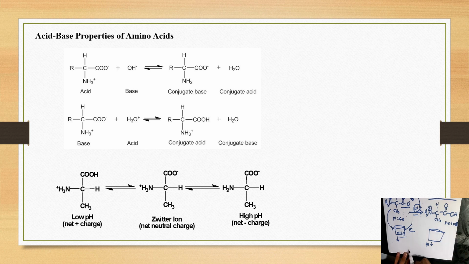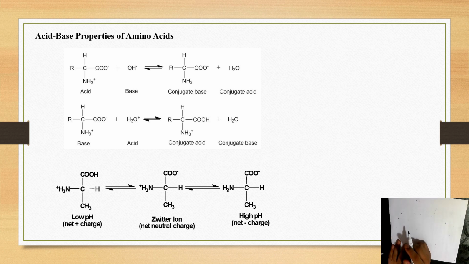Again, the net charge of alanine below its isoelectric point is positive 1.